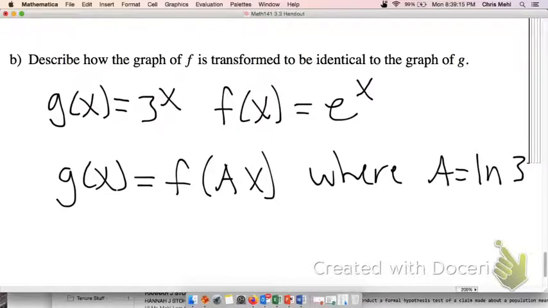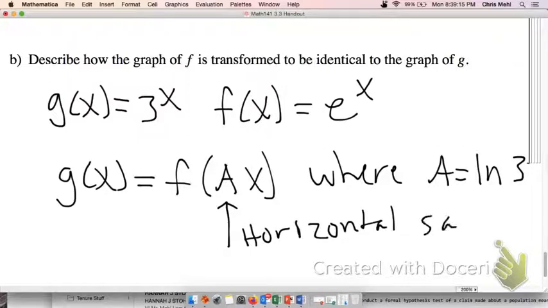So I'm supposed to describe how the graph of f is transformed to be identical to the graph of g, and f is transformed by this factor a. This is the horizontal scaling factor.